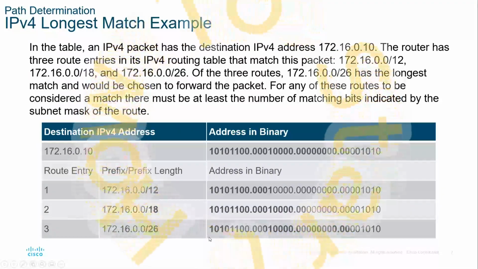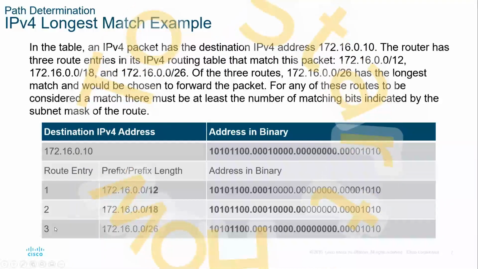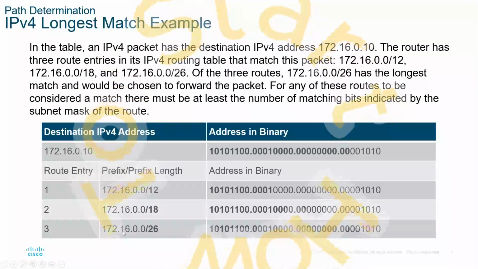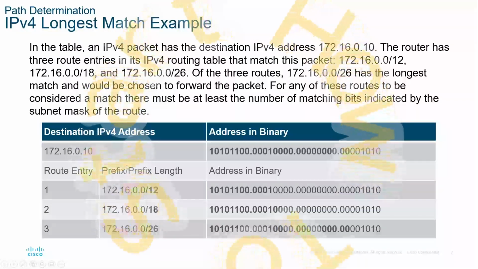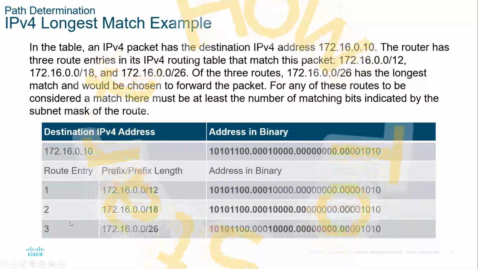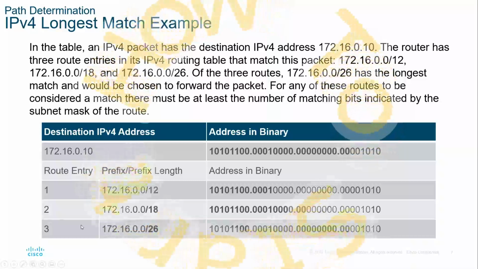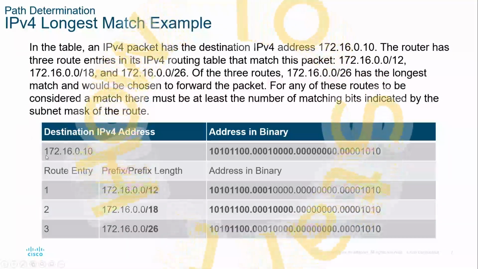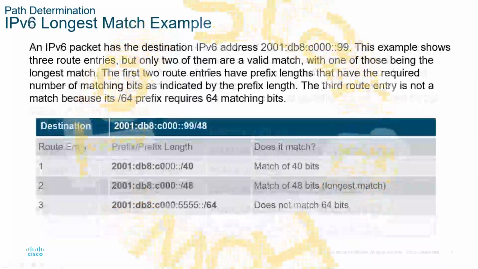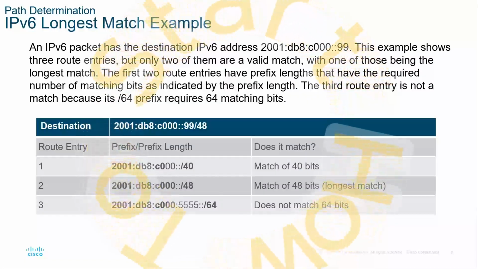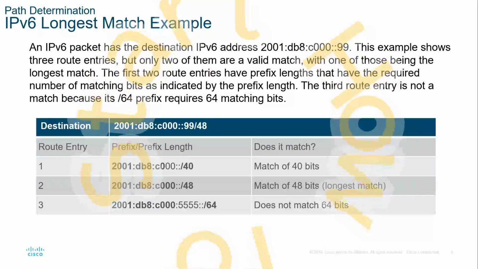Route 3 has 26 matching bits. This will be the route, the longest match for that IP address. So it will then use this route to forward the packet destined for that network. If we're talking IPv6, again, we're doing the exact same thing.